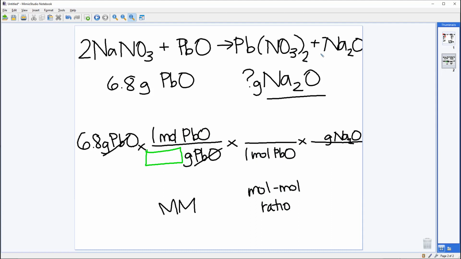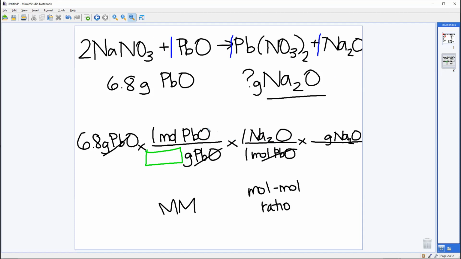And I see in my balanced equation, I have 1 mole of lead oxide and 1 mole of sodium oxide. If we don't have a coefficient here, then I understand that to be 1. So I have a 1-to-1 ratio, okay?